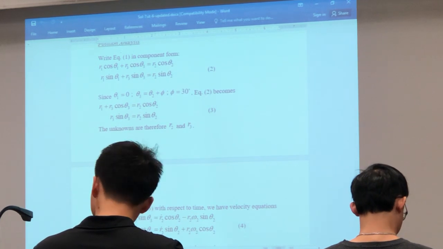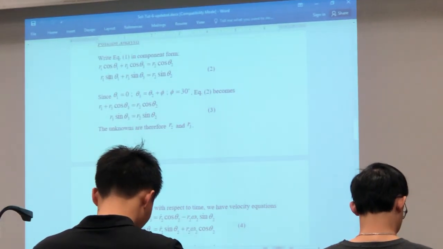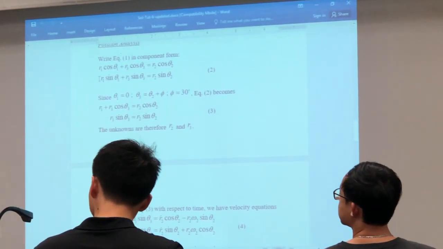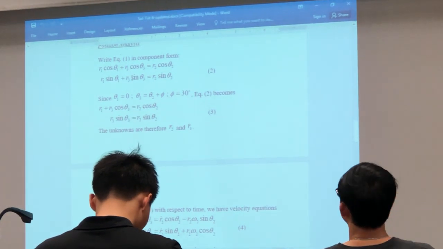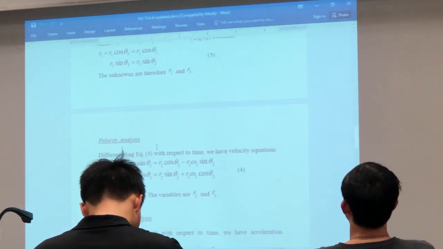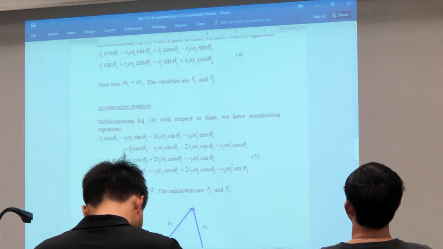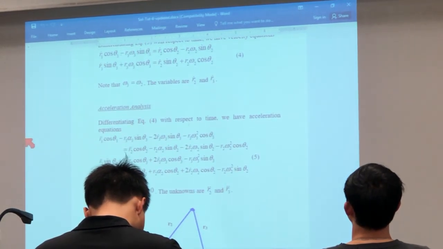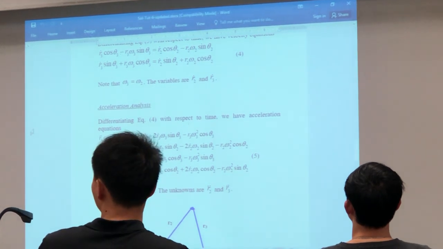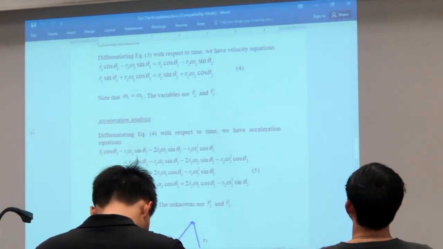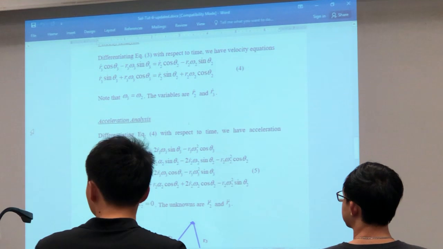Originally you have this polarization equation, x components and y components. Now you differentiate, you have this velocity equation, x components and y components.